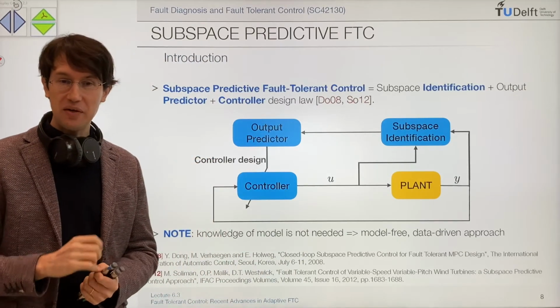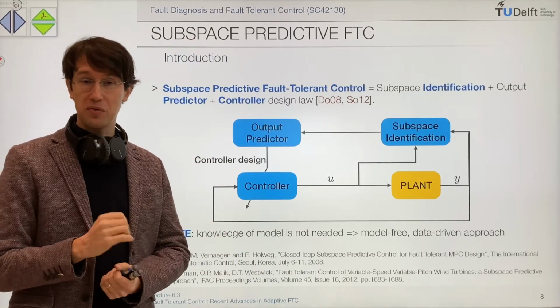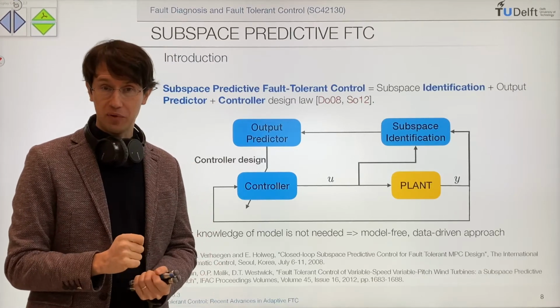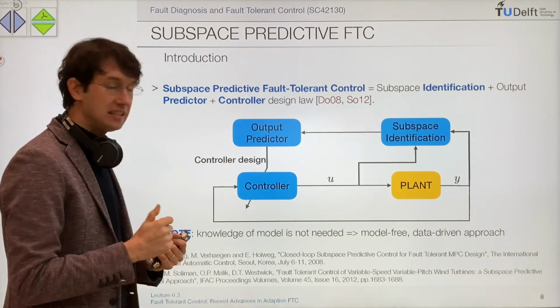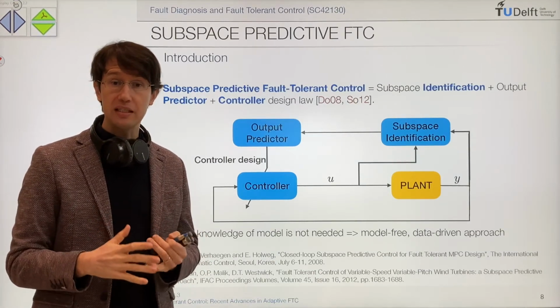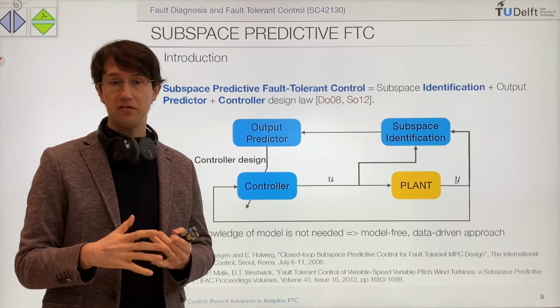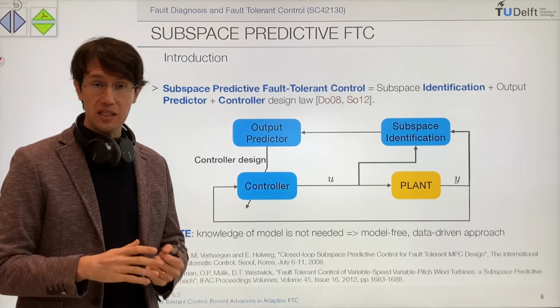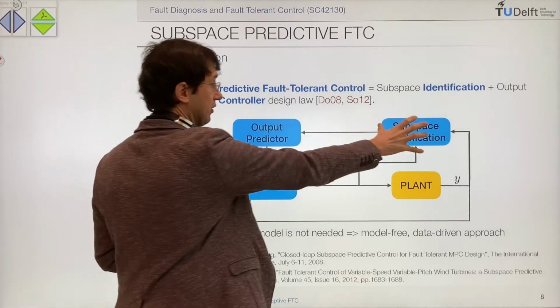Now it might seem tricky because we said these methods do not need a model. The fact is that they internally need a model, but the model is automatically identified from the plant. So you don't need an expert designing that model. You just need data and this algorithm.